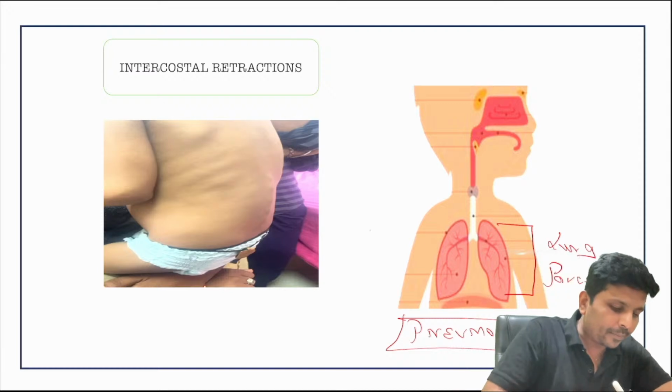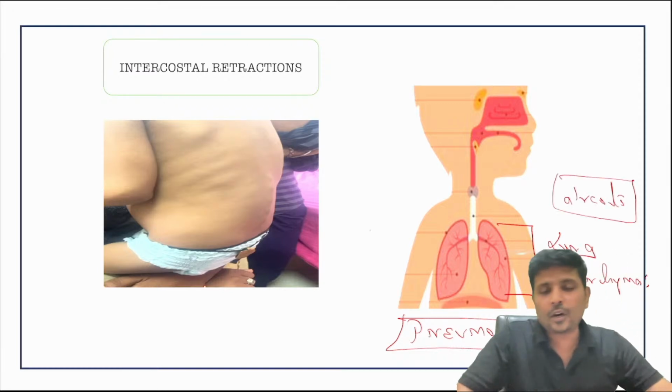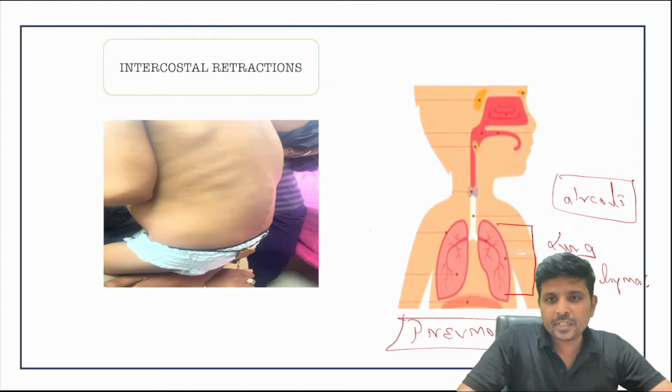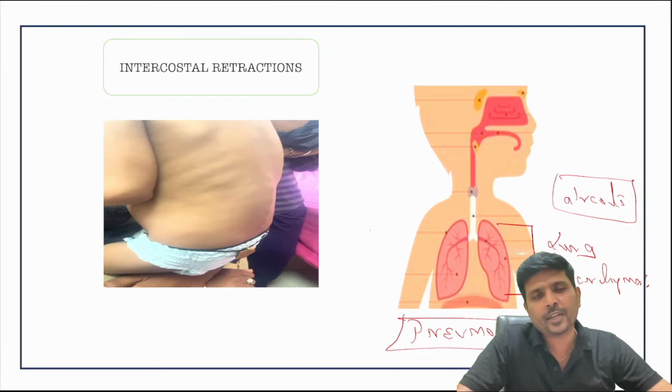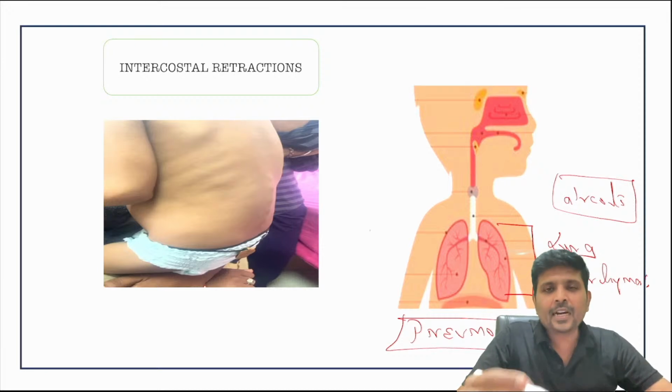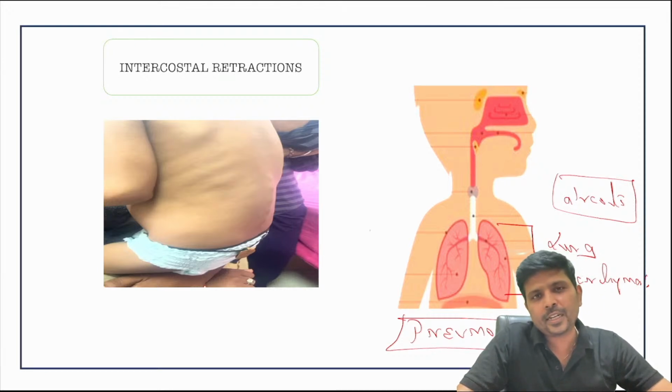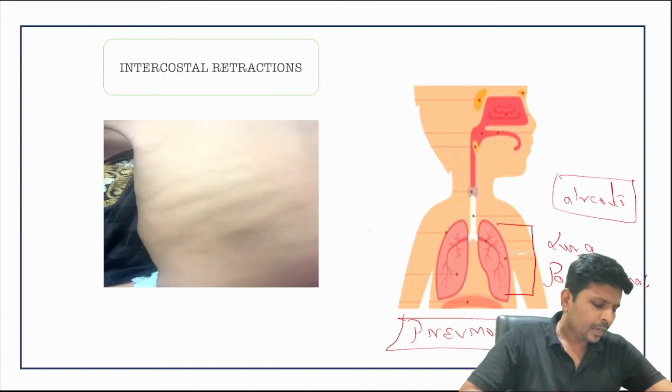Lung parenchyma is nothing but your alveoli. The commonest disease that affects the alveoli, for an MBBS undergraduate, is consolidation. Consolidation means community acquired pneumonia. Right, this is intercostal retractions.